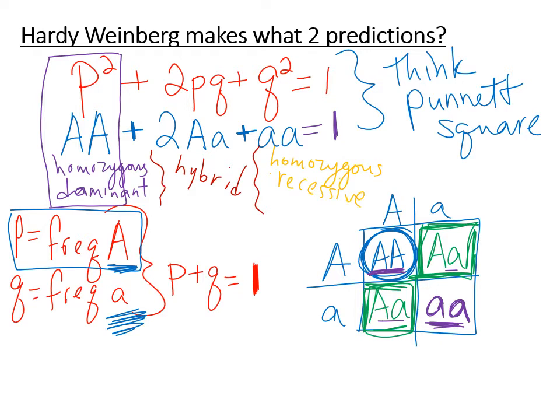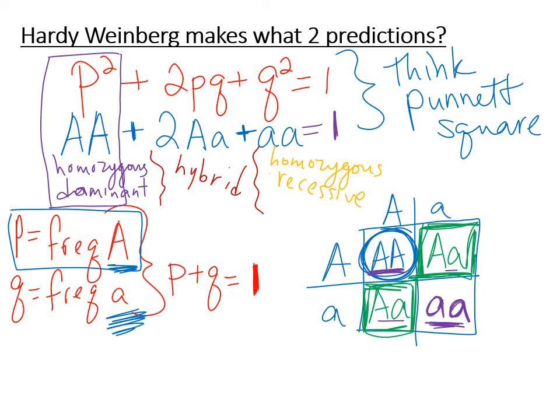So don't get confused when you see these letters and different values. Just keep in mind that ultimately all of the genotypes possible for that cross should result in 1, because they're representing 100% of the possible genotypes. And p plus q should equal 1 because there are only 2 possible alleles.